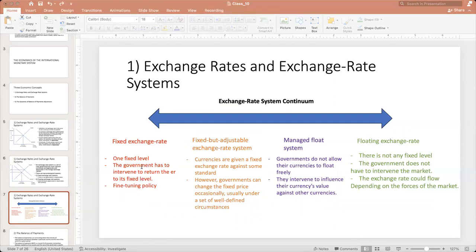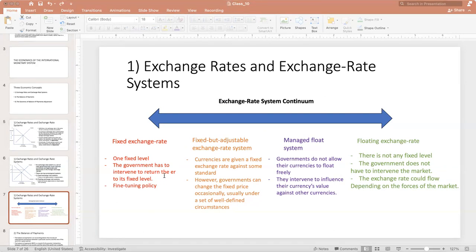So let's talk a little bit more about the characteristics of the possible exchange rate systems. Let's start with the fixed exchange rate. The fixed exchange rate is a monetary system in which the value of the currency is fixed or pegged to the value of another currency, a basket of currencies, or a commodity like gold.